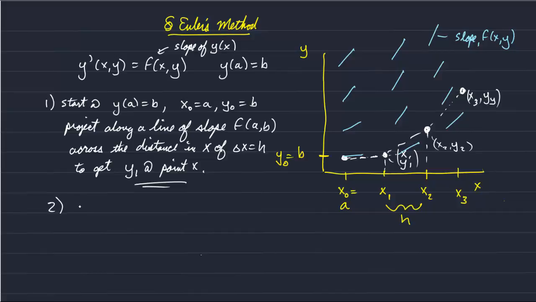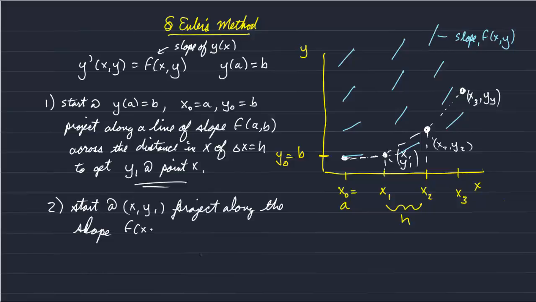And then the second step is to start at x1, y1, project along the slope f evaluated at x1, y1, a distance h, to get y2 at point x2.